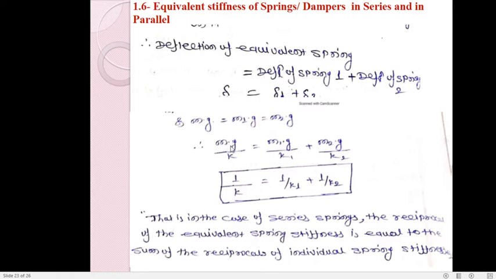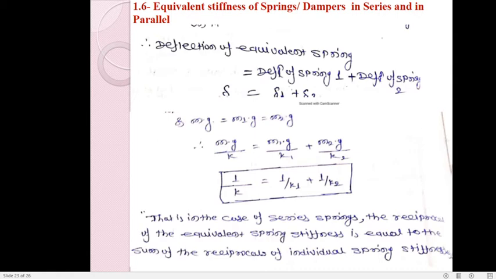So force upon the stiffness of the equivalent spring equals m1 into g upon k1 plus m2 into g upon k2. m1 into g is the force in spring 1, and m2 into g is the force in the second spring, but the value of all these forces is the same. Therefore we could write 1 upon k equals 1 upon k1 plus 1 upon k2. So this k represents the equivalent stiffness of the equivalent spring, by which we are replacing the system of two springs which are connected in series.